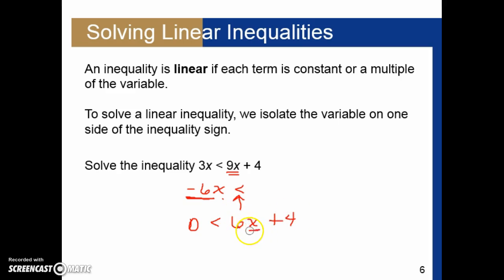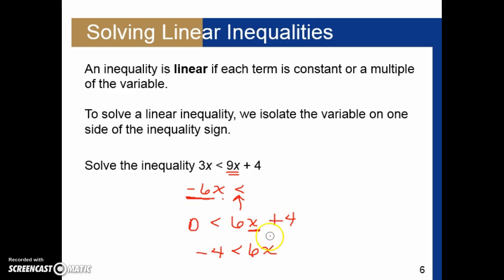And again, in an inequality, I'm trying to isolate that variable to come up with not the exact value, but a whole set of values that will satisfy this inequality. So I'm going to subtract 4 from both sides. And what that allows me to do is just concentrate on the mathematics, where I don't have to worry about flipping this symbol, or do I flip this, or did I do something by a negative number.